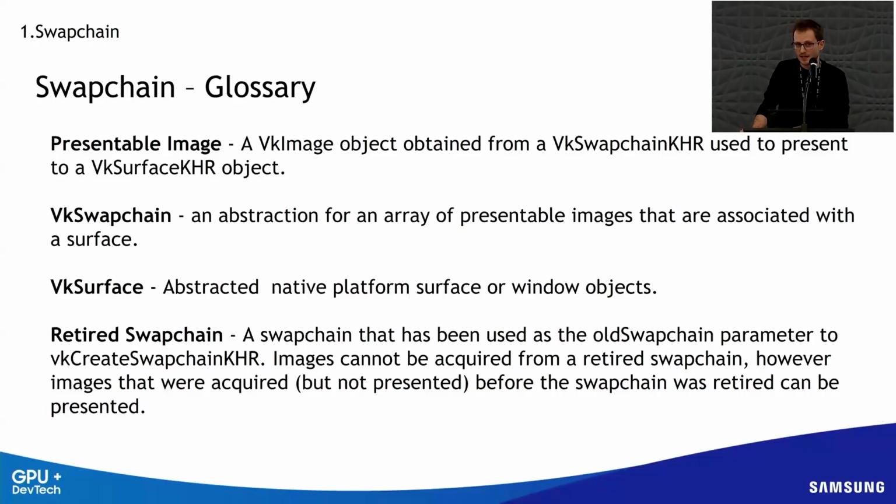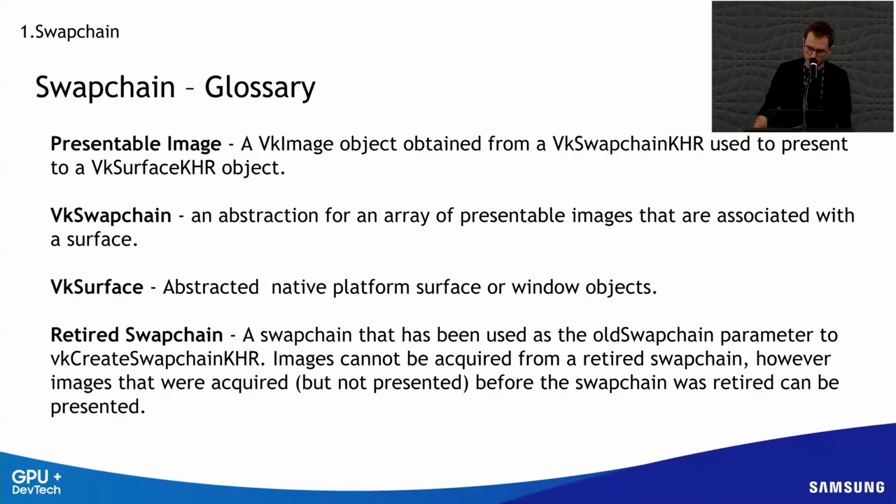So it's a handle to the array of presentable images that are associated with a surface. Swapchain has a read and write privilege, but not a create and destroy privilege of the memory. This is important when destroying Swapchain, because that means that your memory deletion might be deferred until later.